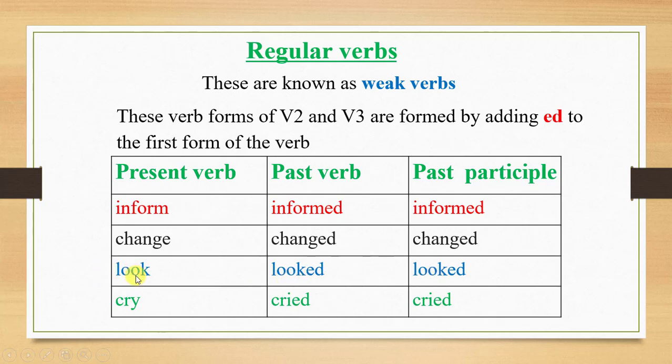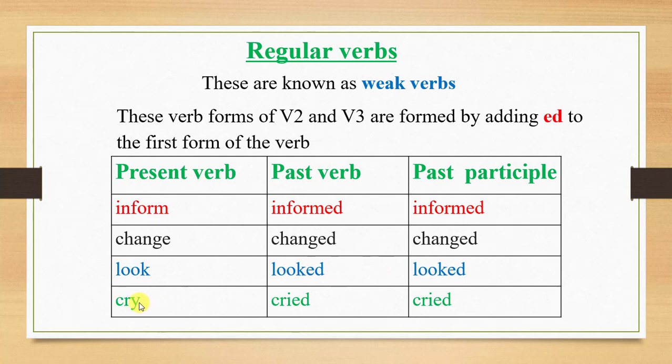Here the base form look ends with k, ed can be added to form V2 and V3, but in pronunciation, the ed sound should be pronounced as t. Here look, looked, looked.